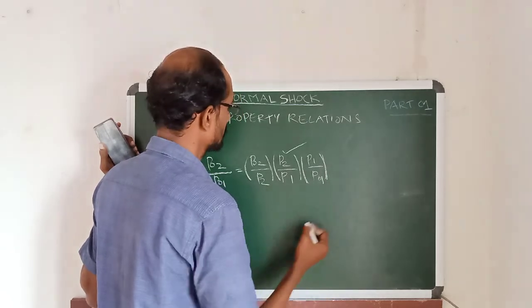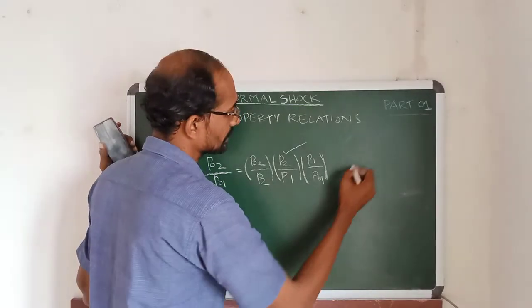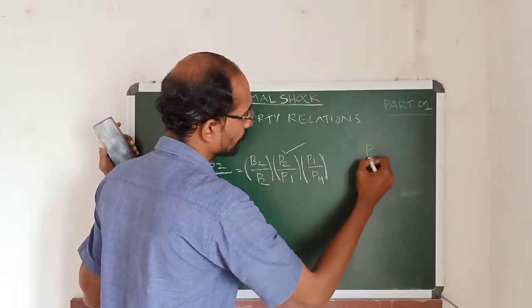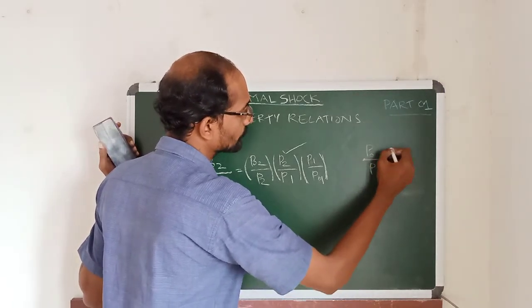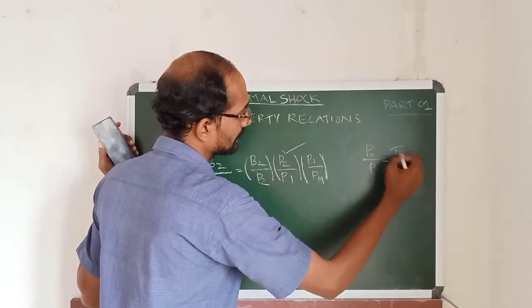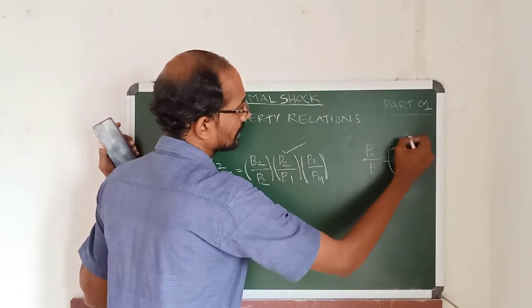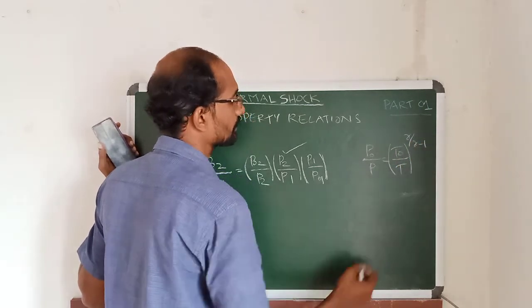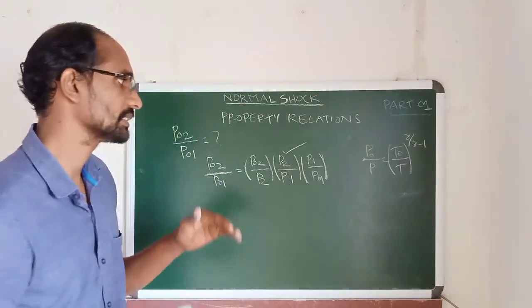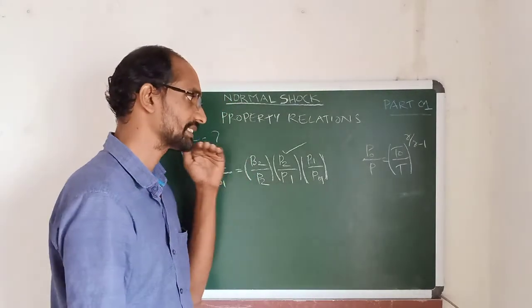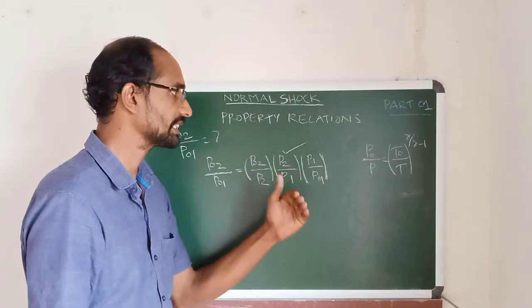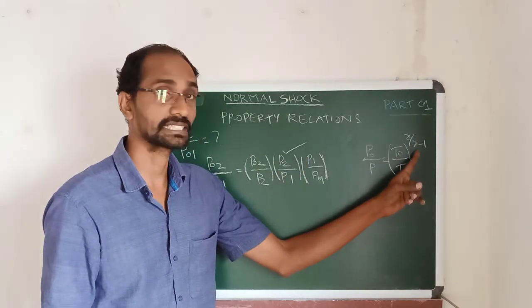We know that P0 by P, in terms of the corresponding temperature, is raised to gamma by gamma minus 1, because when we move from the static state to the stagnation state, we have to follow an isentropic relation.